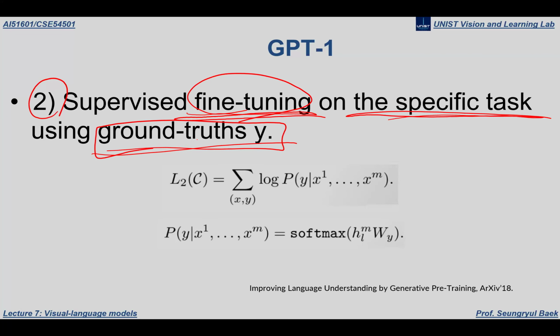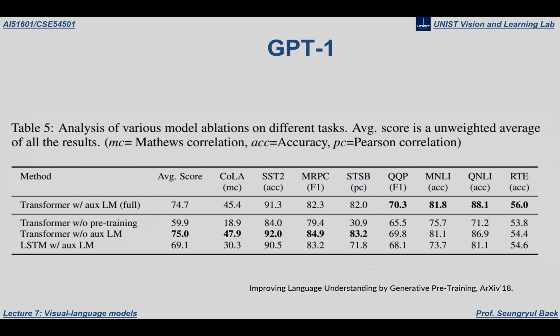Okay, and then they compared a transformer without pre-training. These are some multiple tasks, their accuracy, and the average score for these multiple tasks.